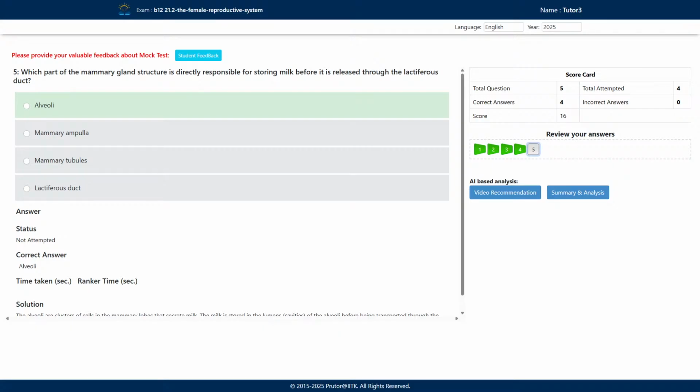And alveoli secrete the milk. And this milk is stored in the ducts or the lumen of the alveoli. Then it reaches the lactiferous duct, which are present in the nipples. And the newborn sucks the nipples. And when it sucks the nipples, it is sucking the milk, which is present in the lactiferous duct. Earlier, this milk was present in the ducts of the alveoli. That's why the correct answer is alveoli here.